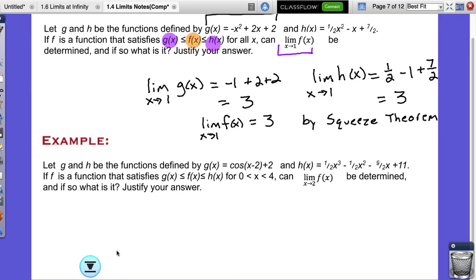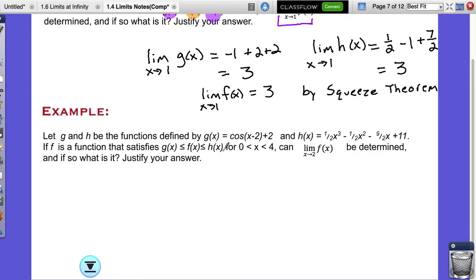All right, again, I've got f is between g and h in this region from 0 to 4 around the number I'm looking the limit of. Can I find the limit of f?